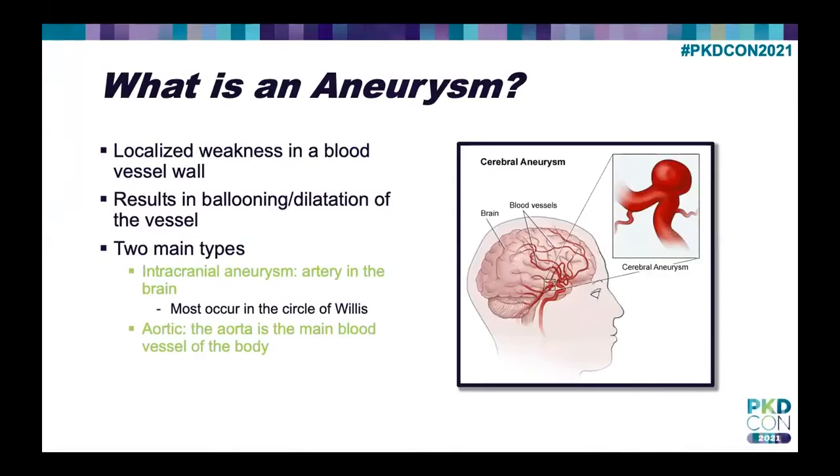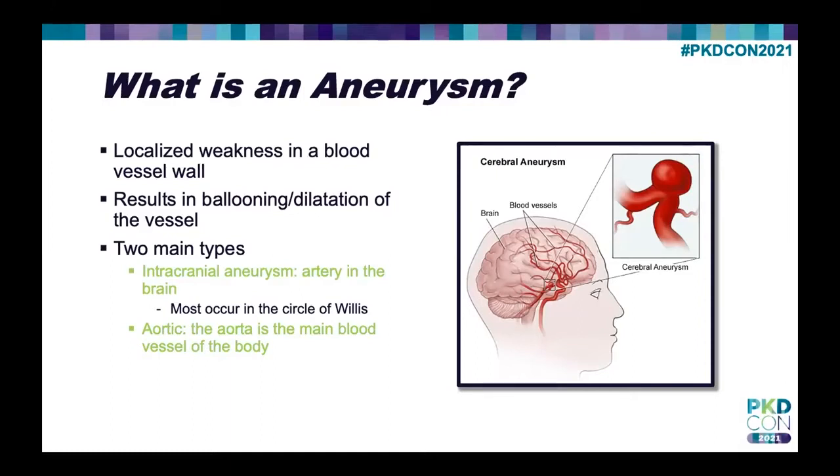So what is an aneurysm? An aneurysm, shown here, is a localized weakness in a blood vessel wall. When that happens, you get ballooning and dilatation of the vessel. There are two main types of aneurysms. The first is intracranial aneurysms, or an aneurysm in the artery of the brain.